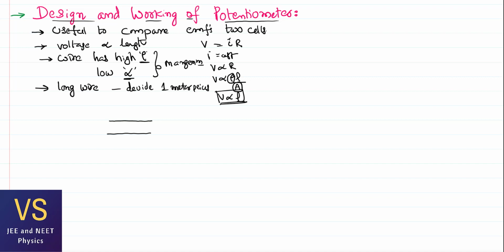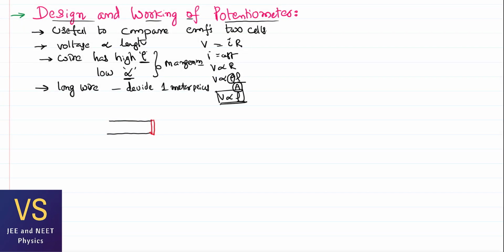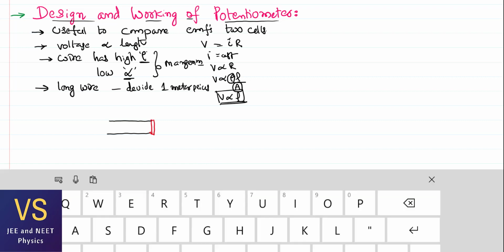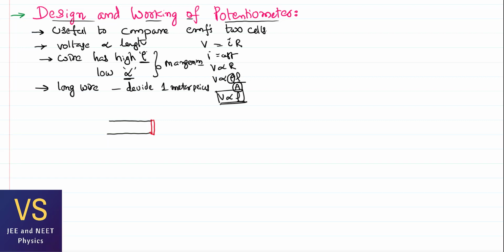Now to connect these two, we can have a thin copper strip. Again, here we can have a copper strip. Again 1 meter wire. Here also we can have a thin copper strip, and there is a 1 meter wire.